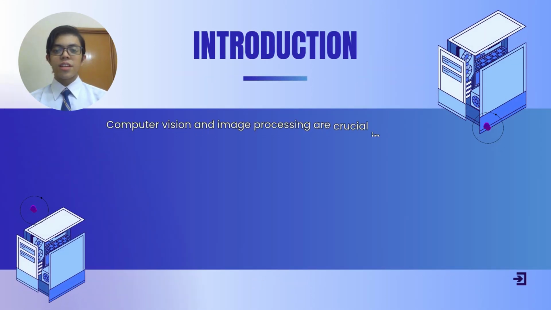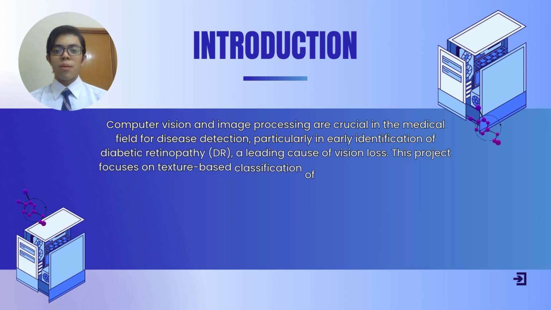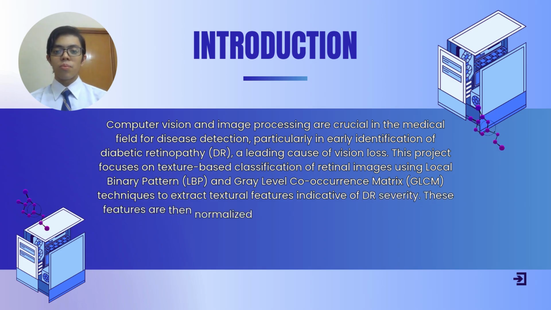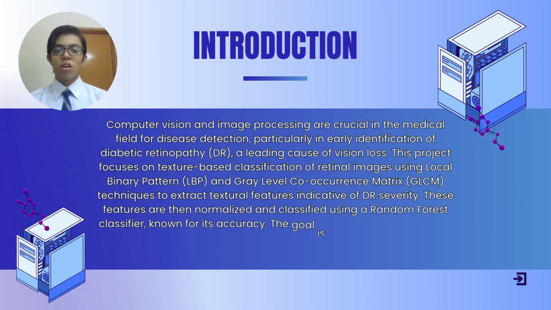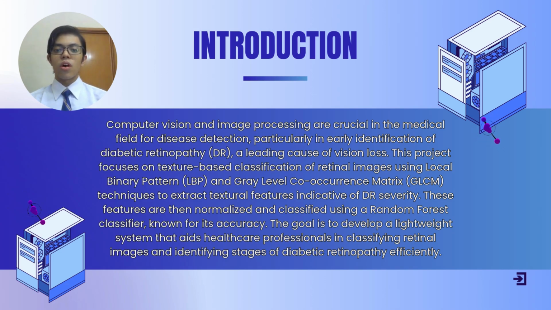Computer vision and image processing are crucial in the medical field for disease detection, particularly in early identification of diabetic retinopathy or DR, a leading cause of vision loss. This project focuses on texture-based classification of retinal images using local binary pattern or LBP and gray level co-occurrence matrix or GLCM techniques to extract textural features indicative of DR severity.